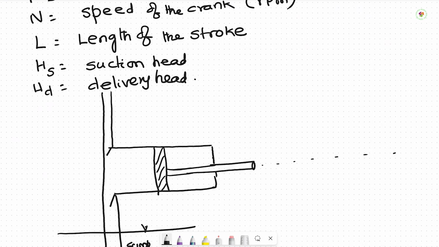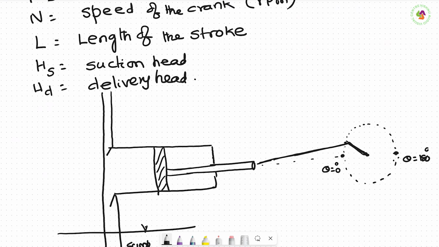Then you can draw the crank position. This is the crank, and this is the connecting rod. This is the center. This is the inner dead center, outer dead center. Here theta is equal to 0. Here theta is equal to 180. And if it comes back again, here theta is equal to 360.